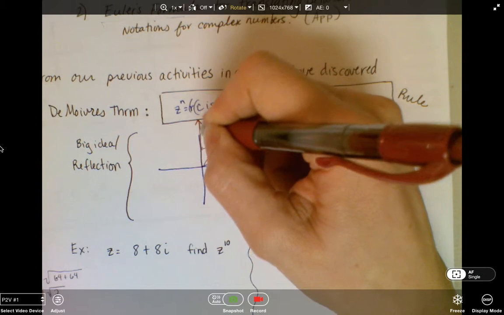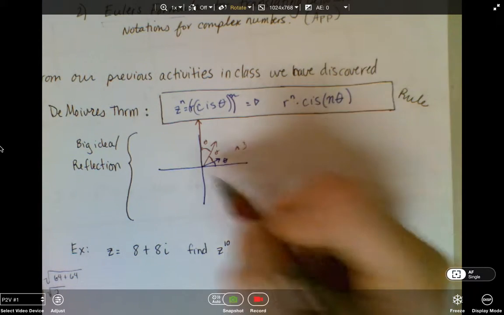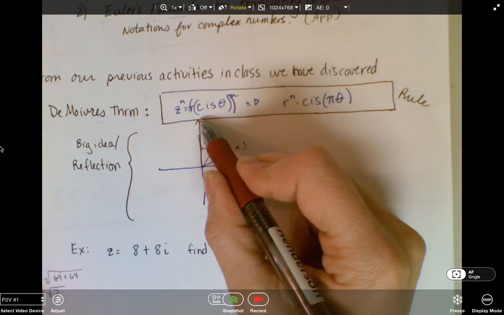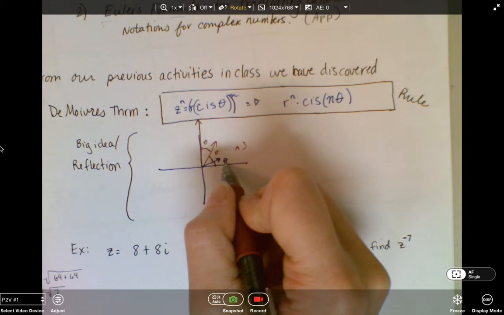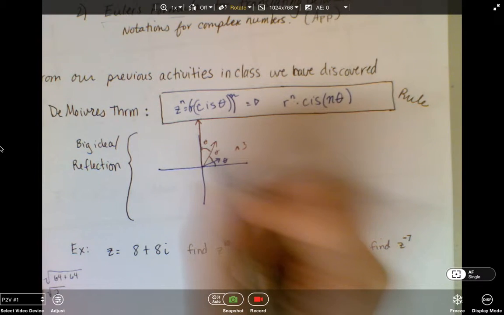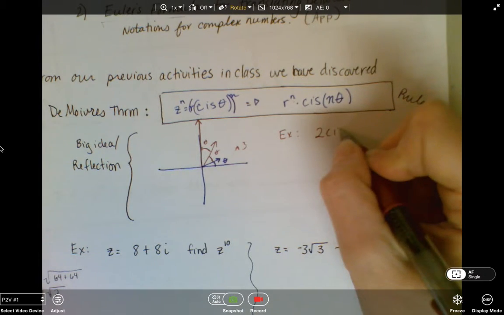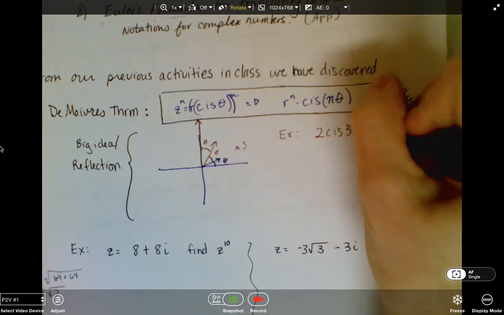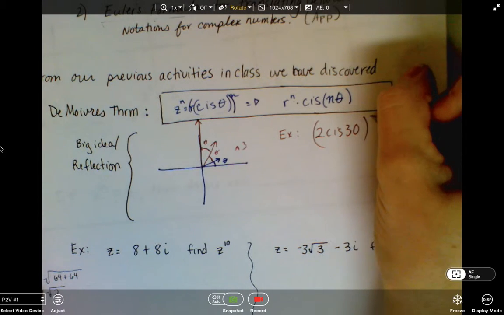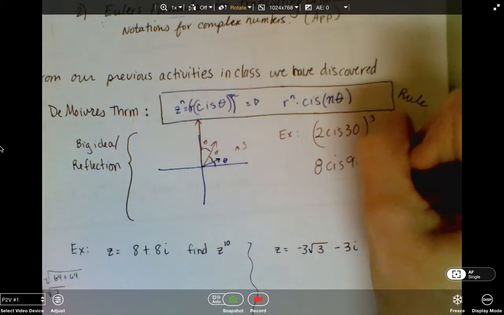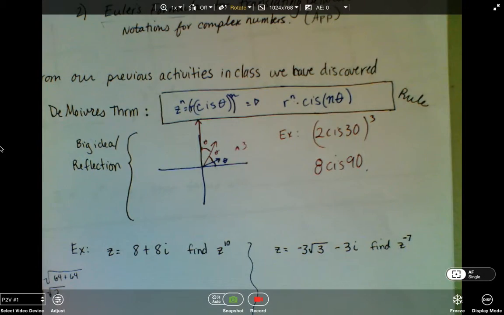So it's going to be scaled by its r. So if this were 2, then this would be 2, 4, 8 long. And let's say this is 30, then it goes 30, 60, 90. So for example, 2 cis 30 to the third is 8 cis 90, or pi over 2, if you'd like to use pi.